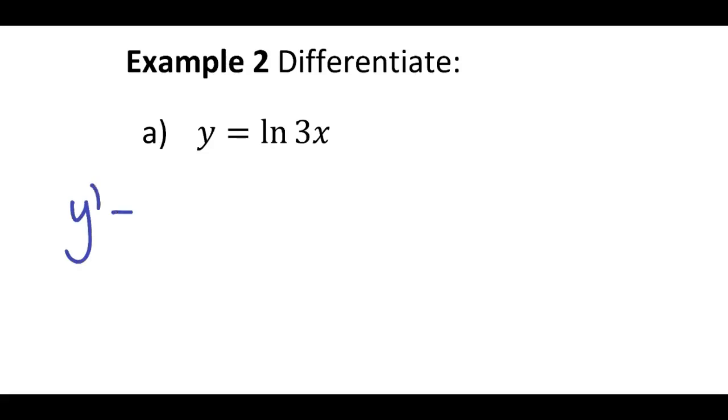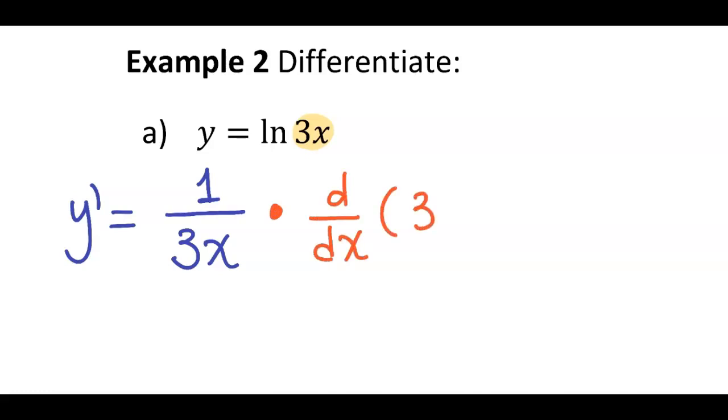Y prime is, first, apply Theorem 7. Write down 1 over 3x. You write that down first. And then, immediately, we will multiply this by the derivative of that 3x.